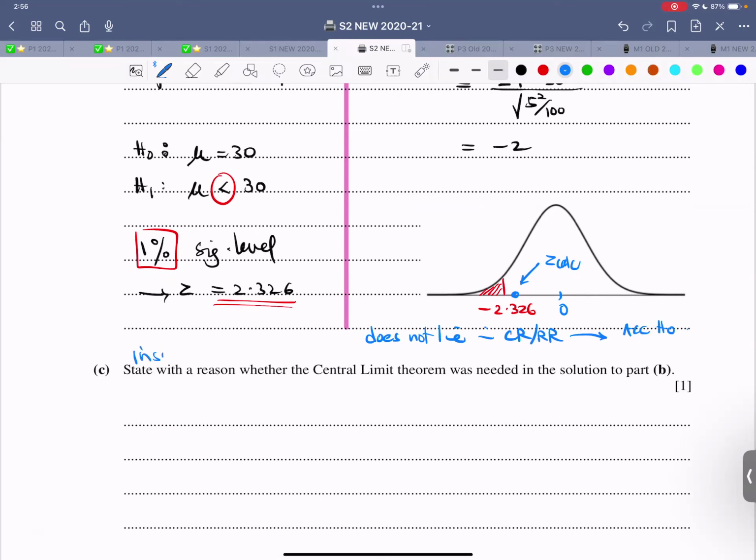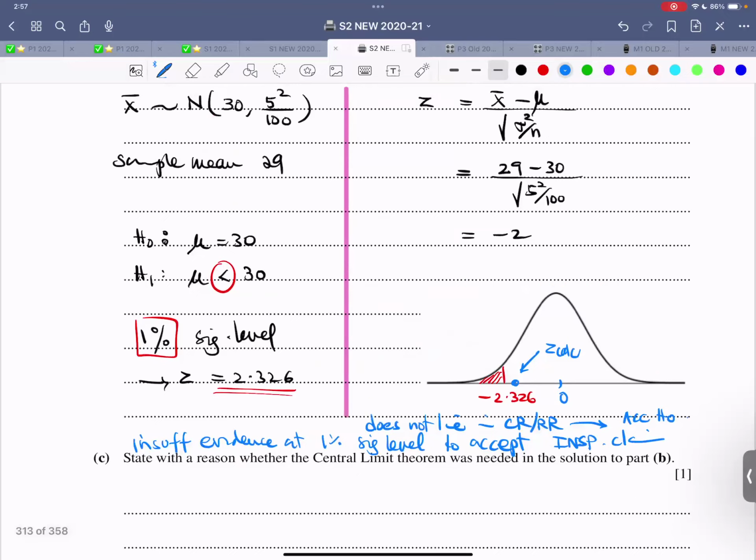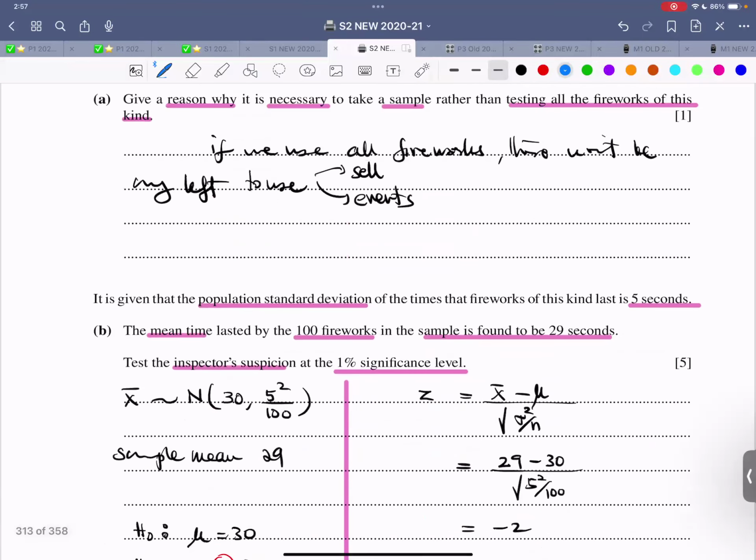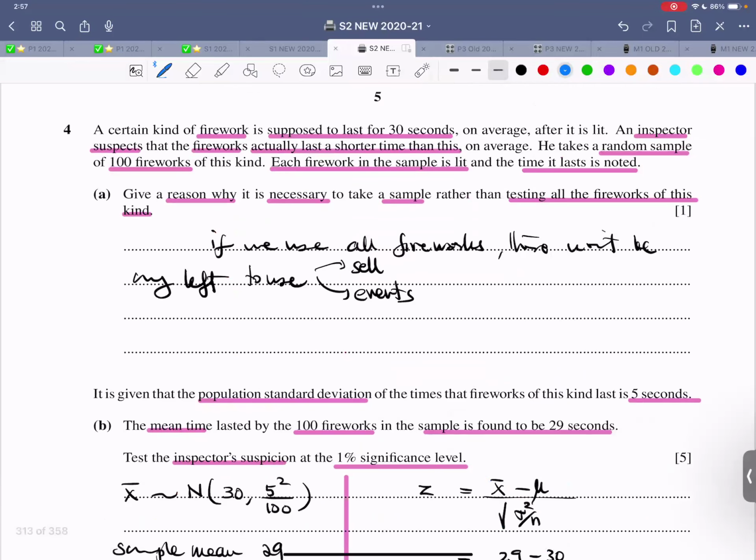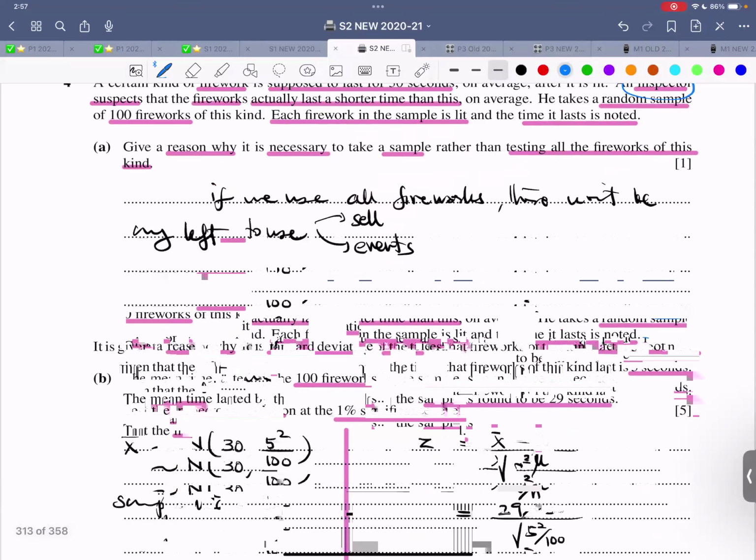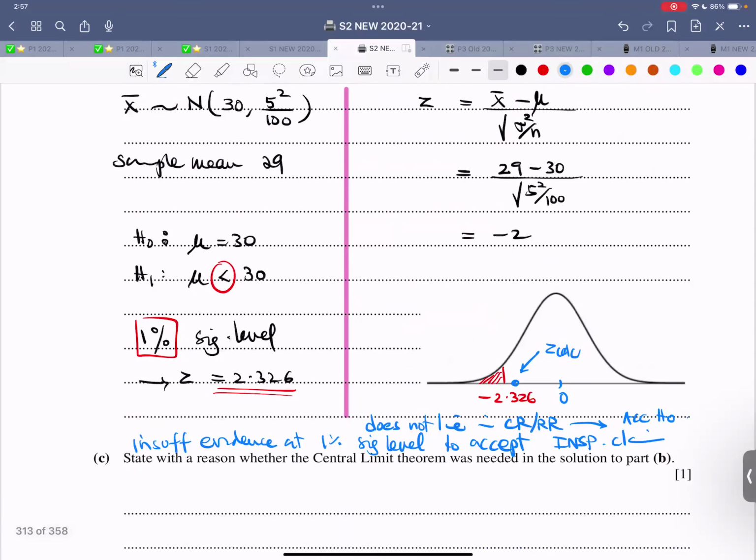We have insufficient evidence at the 1% significance level to accept the inspector's claim. We don't have enough evidence that the mean is less than 30 seconds, and that is the suspicion of the inspector. We cannot accept this particular claim.